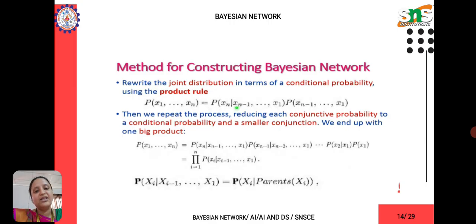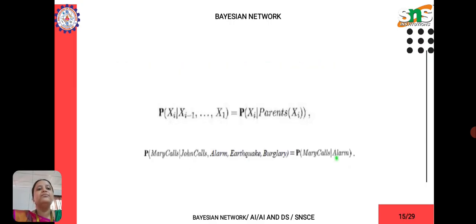That is, you are getting the value from the parent nodes. Example, in this it has been given as probability of Mary calls, John calls given alarm, earthquake and burglary. In this, the parent is alarm, and you will be getting the values based on that.